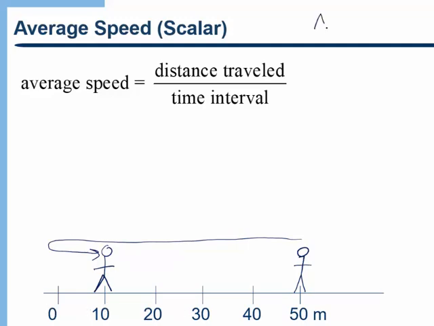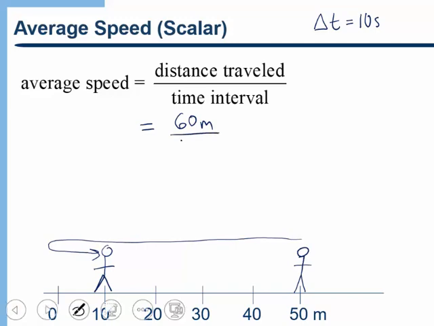And let's say that they did this in an amount of time, delta t, equals 10 seconds. Well, we could then go ahead and calculate their average speed. The total distance that they traveled was 60 meters, and the amount of time it took them to do that was 10 seconds, and we see that the average speed would be 6 meters per second.